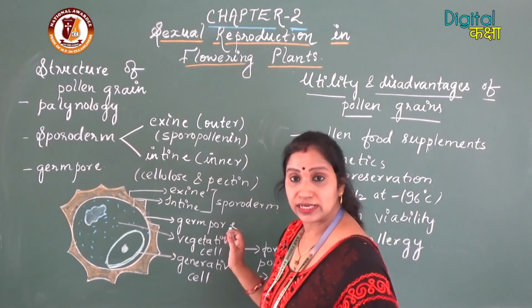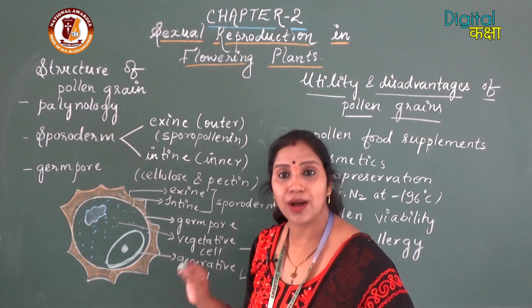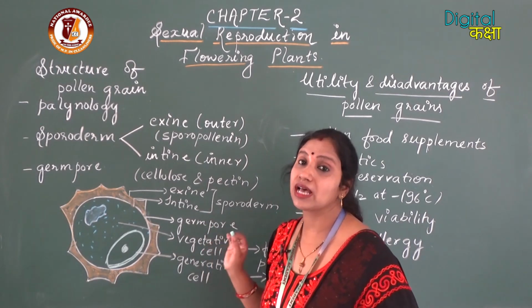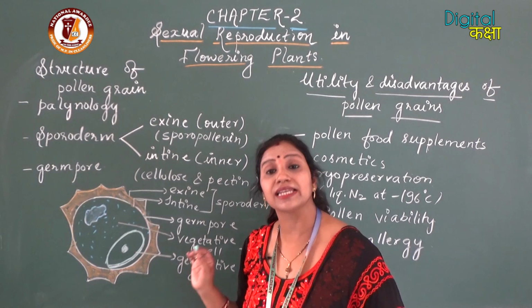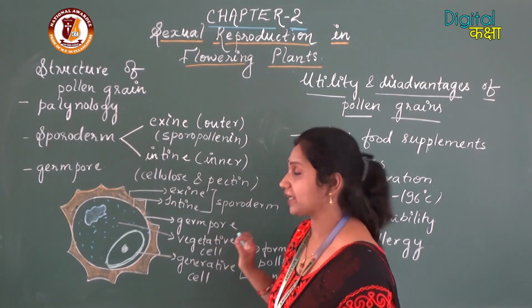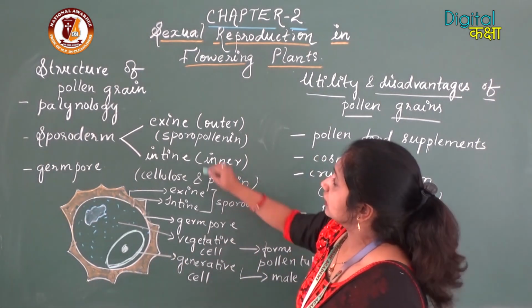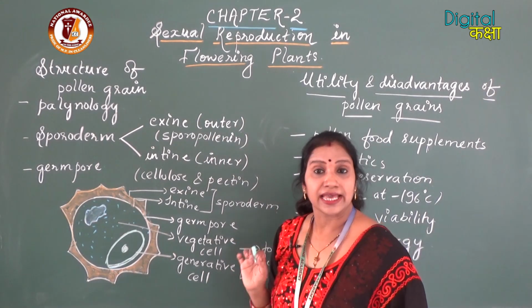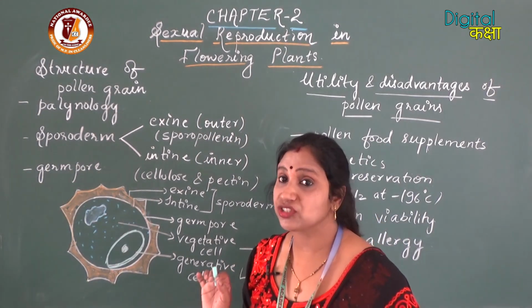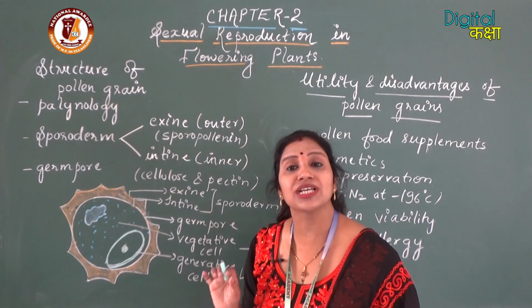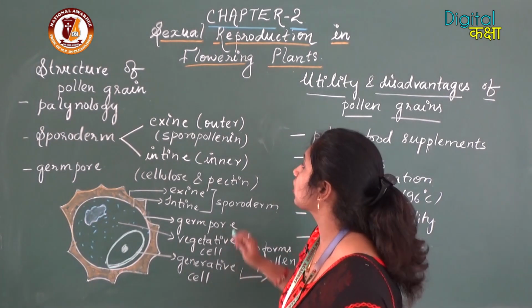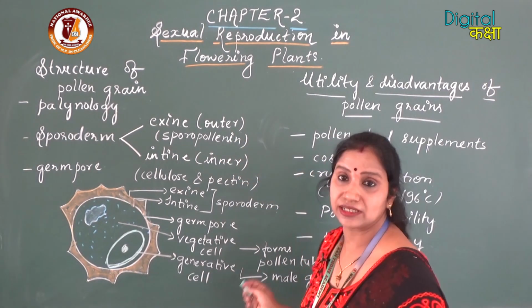So the pollen grains are covered by a covering called sporoderm, which is made up of outer exine and inner intine. Now the exine layer is of very much importance as it is made up of a special chemical constituent called sporopollenin.